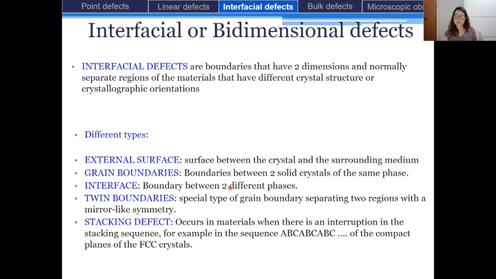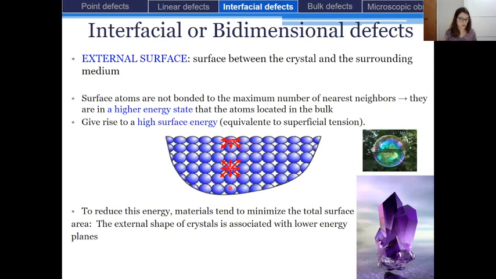The grain boundaries that we've introduced, the boundaries between two solid crystals of the same phase. Interfaces, which are boundaries between two different phases. Twin boundary, which we are going to see is a specific kind of grain boundary. And stacking defects. So let's begin with the external surface.